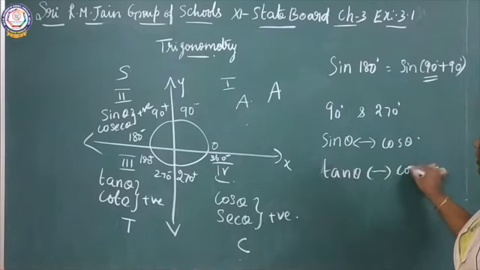So minus 50 degree. 0 to 90, 90 to 180, 180 to 270, 270 to 360. Minus 50 degree lies in which quadrant? Fourth quadrant. But you don't say it is the first quadrant.